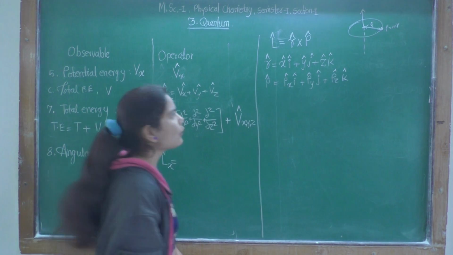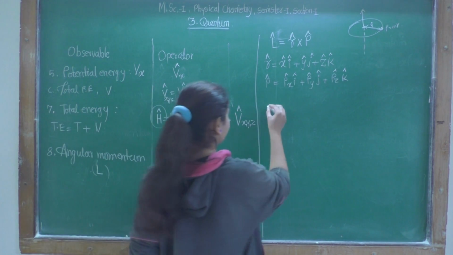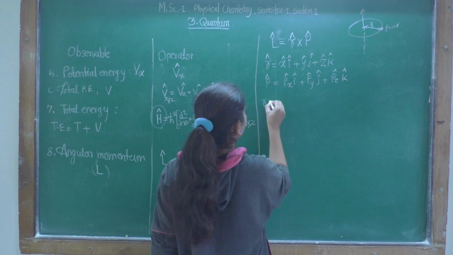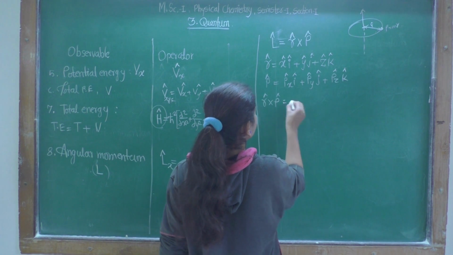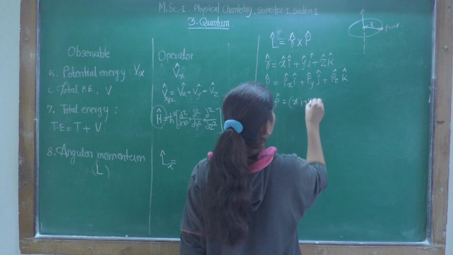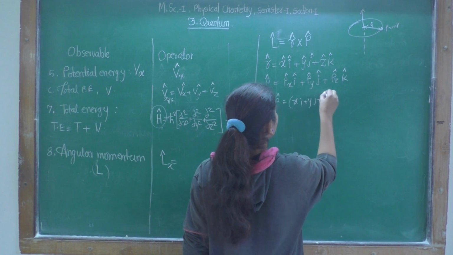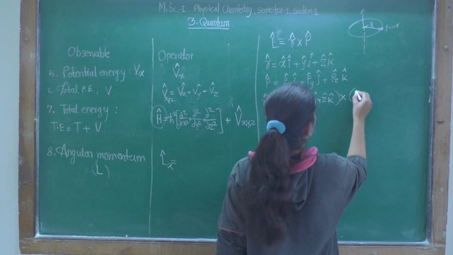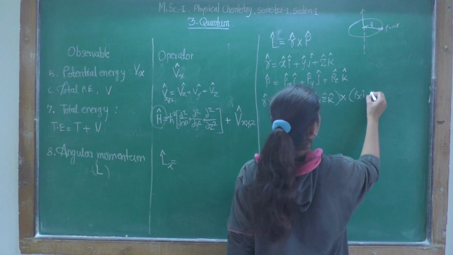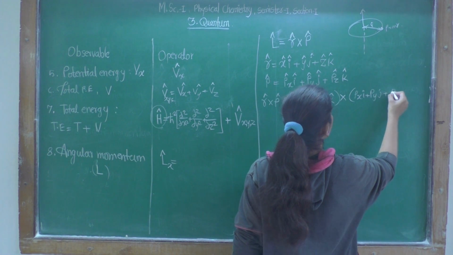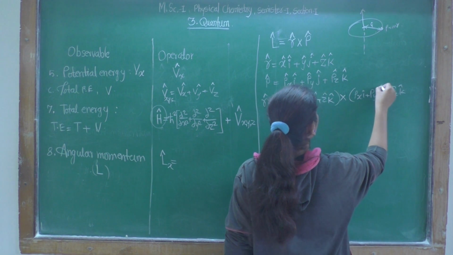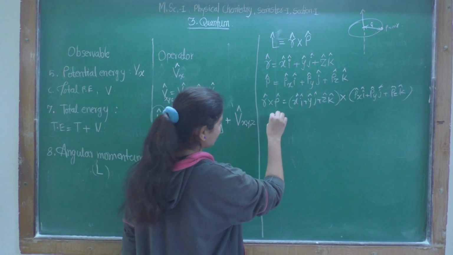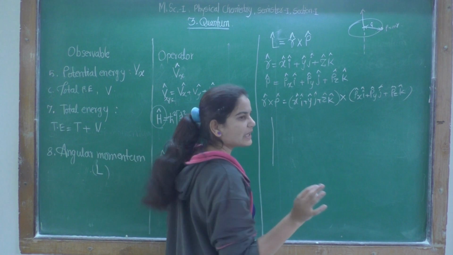Now, what is the cross product of vectors? How can we write it? r cross p equals xi plus yj plus zk into pxi plus pyj plus pzk. Now, we can calculate the cross product by the determinant method.